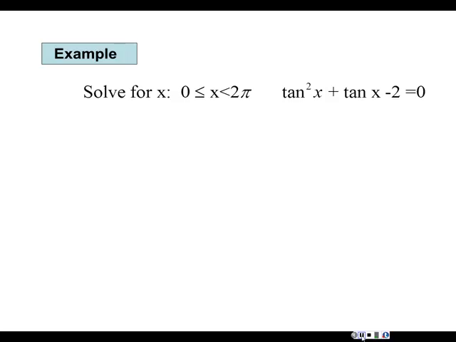Negative 1 plus the square root of 1 plus 8, divided by 2, which is minus 1 plus 3 by 2, and then 1, right?